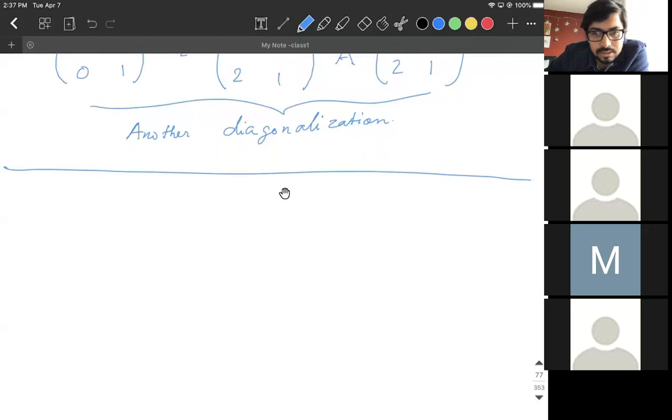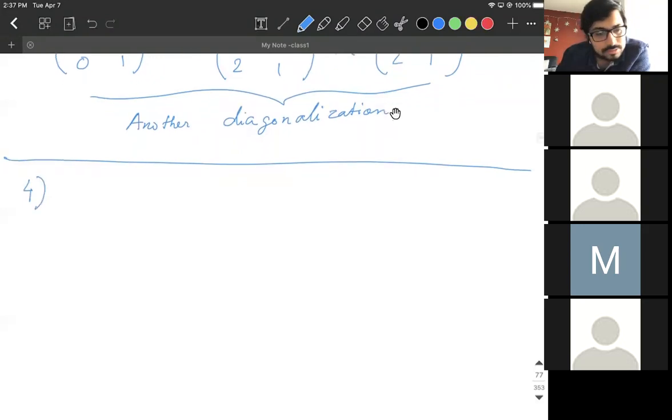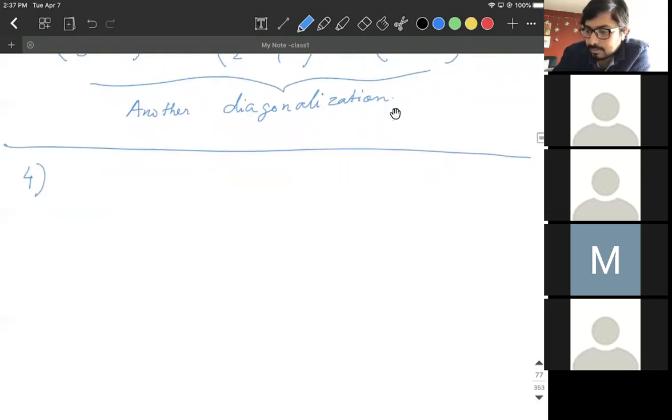If not, then I will do number 4, which is for a 3x3 matrix, but it's exactly the same process.